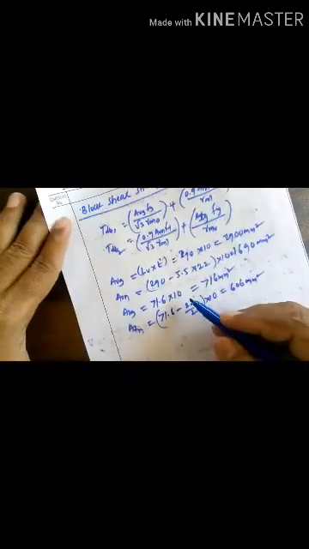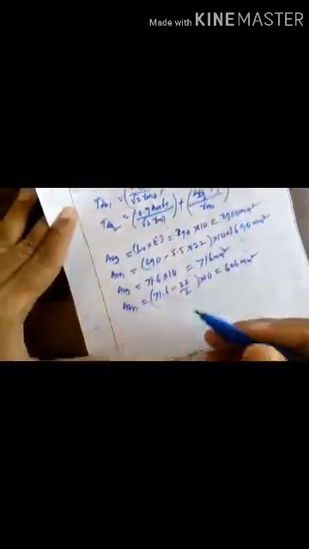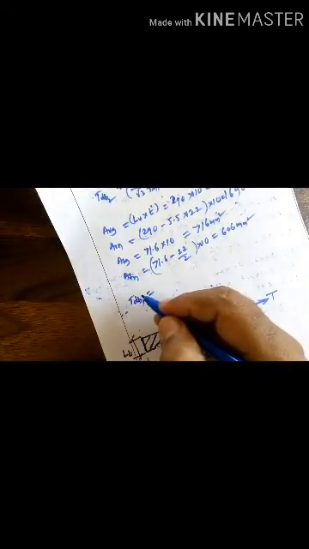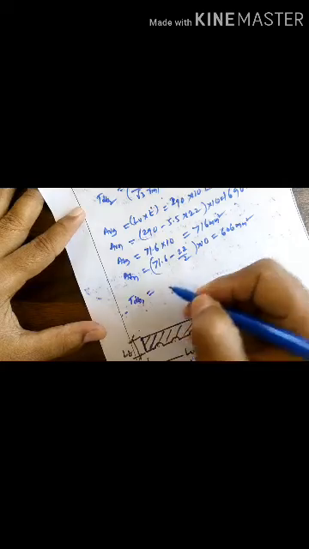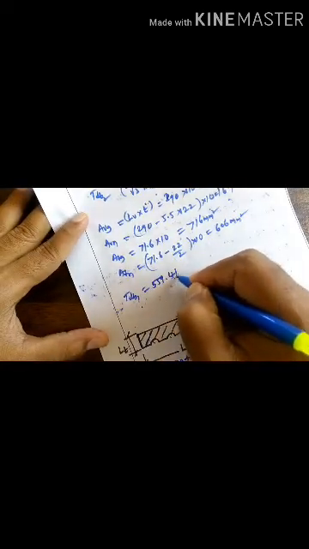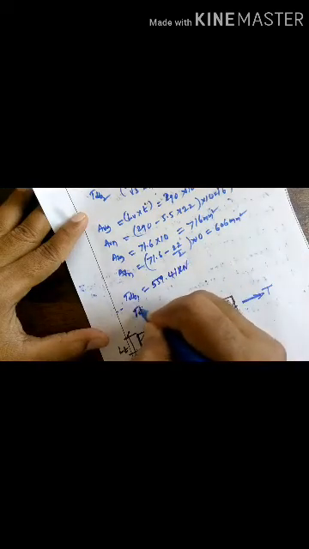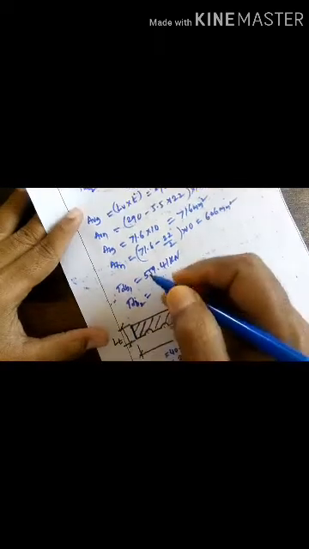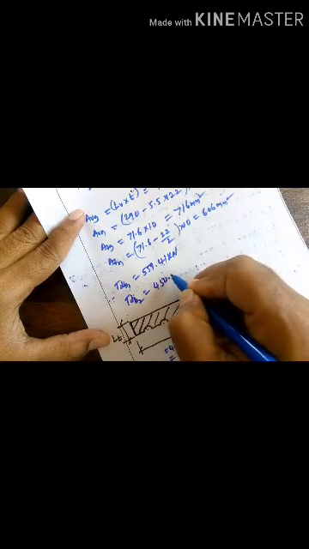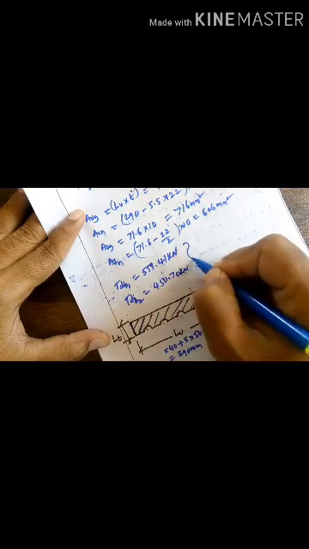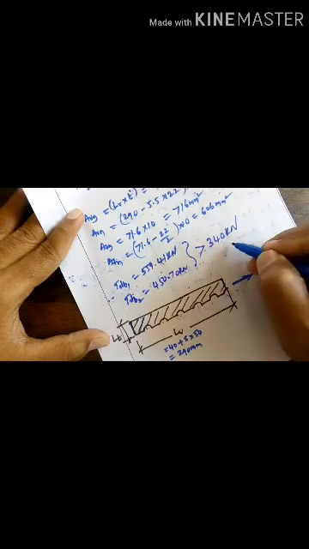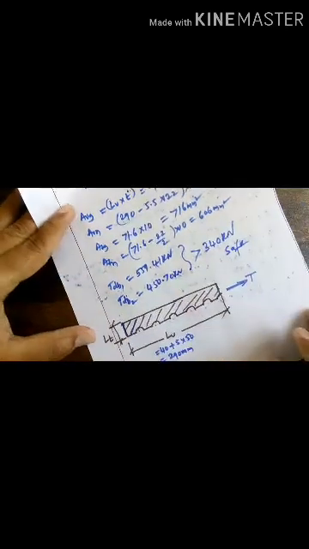Substituting all the values in TDB1 and TDB2, we get TDB1 as 559.41 kilonewton and TDB2 you get 450.7 kilonewton. So both are more than 340 kilonewton, hence safe.